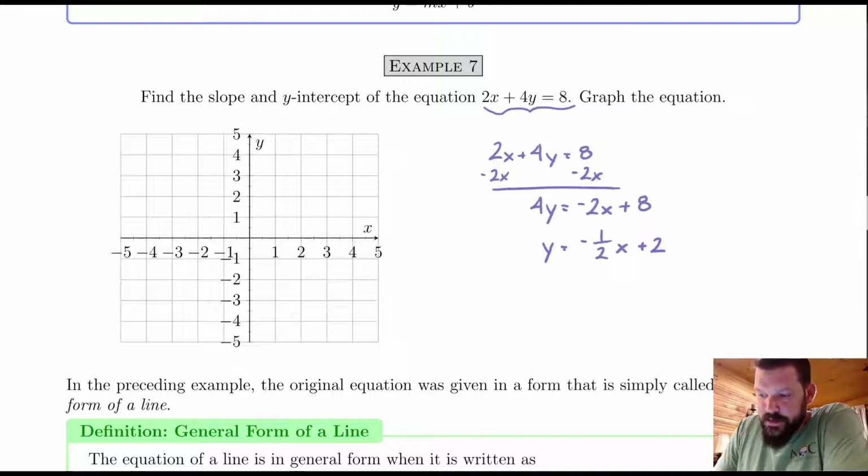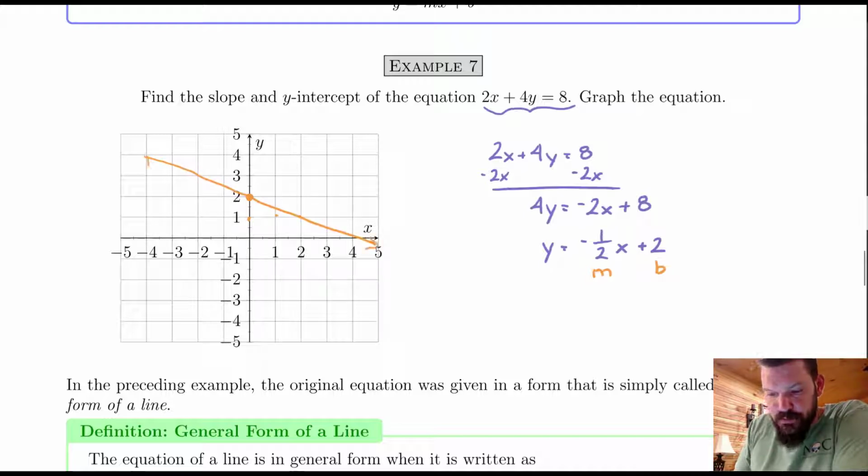So looking at this equation, my slope is -1/2, my y-intercept is positive 2. So let's mark my y-intercept on the graph, and then we can use the slope. We can go down 1 and then over 2 units, and that gives us this rough graph of that particular line.